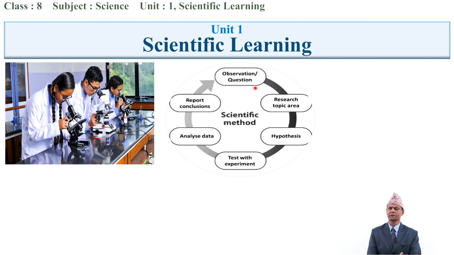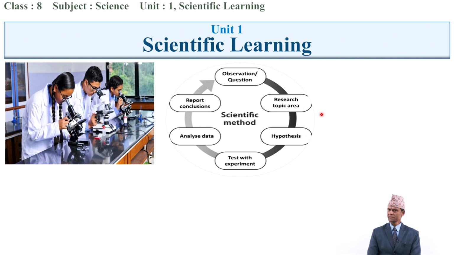Then we question it. After the question, we arouse curiosity. We can have curiosity in our mind so that we can enter the research topic on which we have to investigate.